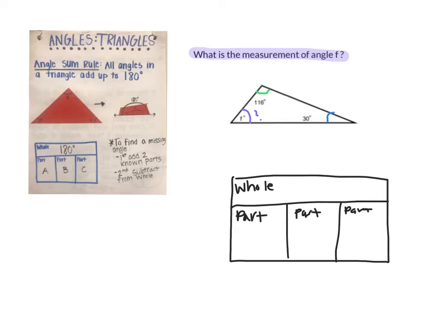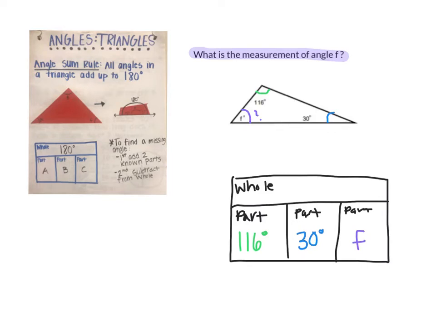So we've got our chart up. Now let's fill in everything we know. We've got 116 for one of our angles, 30 degrees for my next angle, and our last part, F, that's what we're going to be solving for.